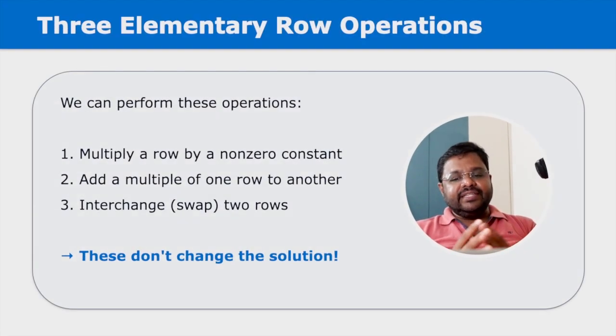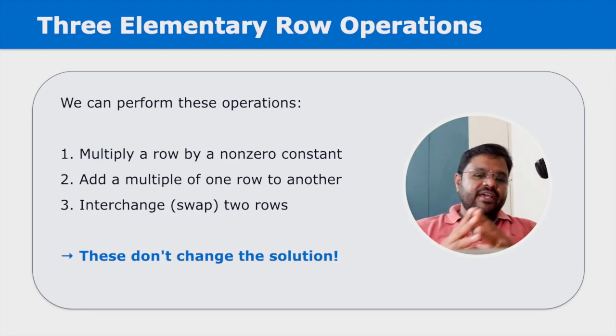There are basically three types of elementary row operations. They are multiplying a row by a non-zero constant, adding a multiple of one row to another, or interchanging two rows. So there are three elementary row operations you can do on a matrix to transform it from its given form to a triangular form.